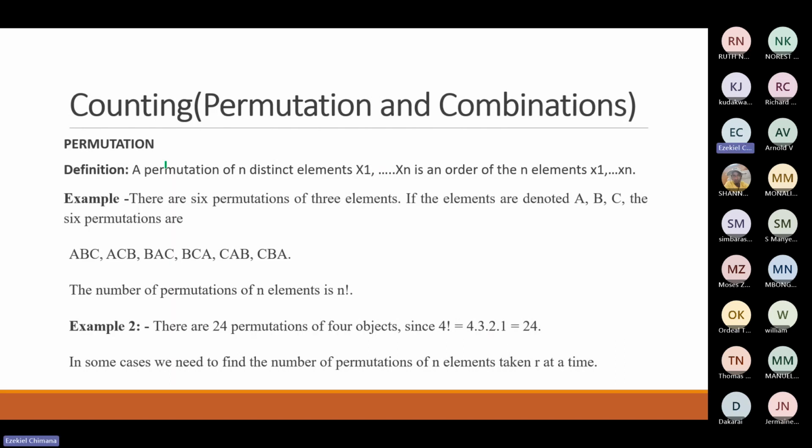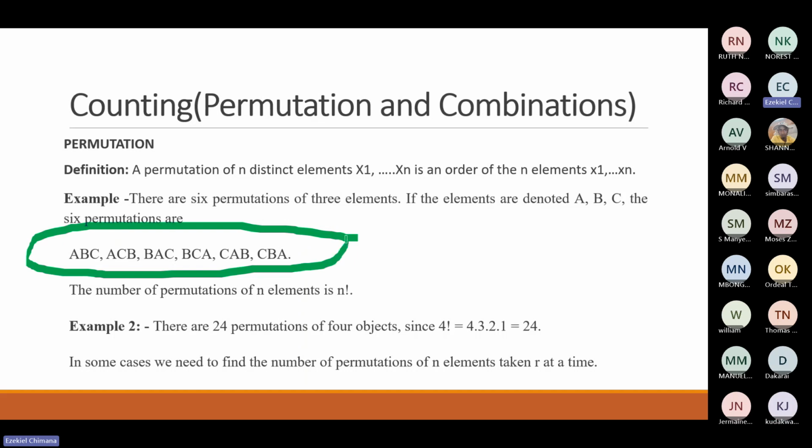So, for example, there are 6 permutations of 3 elements. If the elements are denoted A, B, C, the 6 permutations, or the number of ways you can order the elements, are ABC, ACB, BAC, BCA, CAB, and CBA.